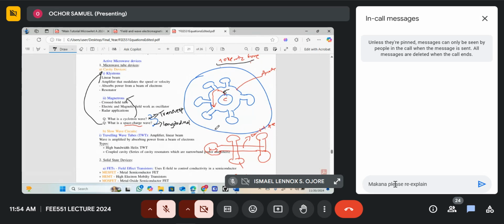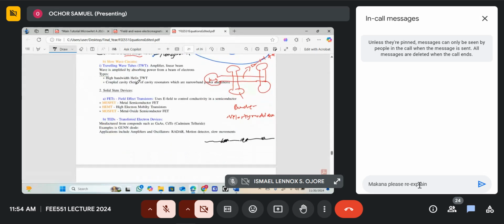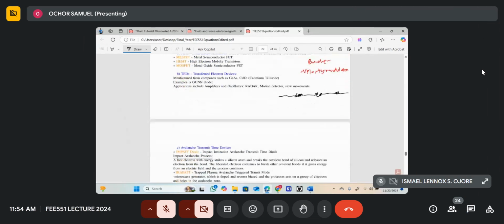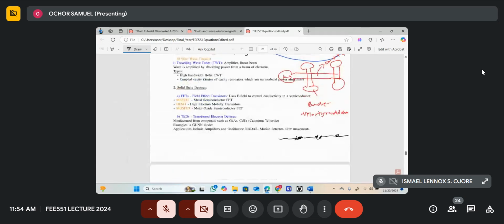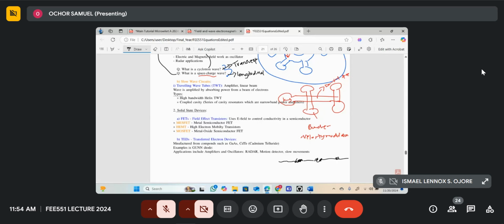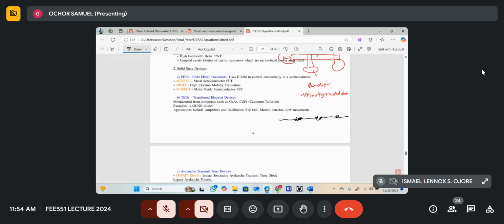Yes. And then for the TWT, this is what I understood. I want to look at the traveling wave tube. It would have something of this fashion: the gun, then the tube, and then it goes like this.